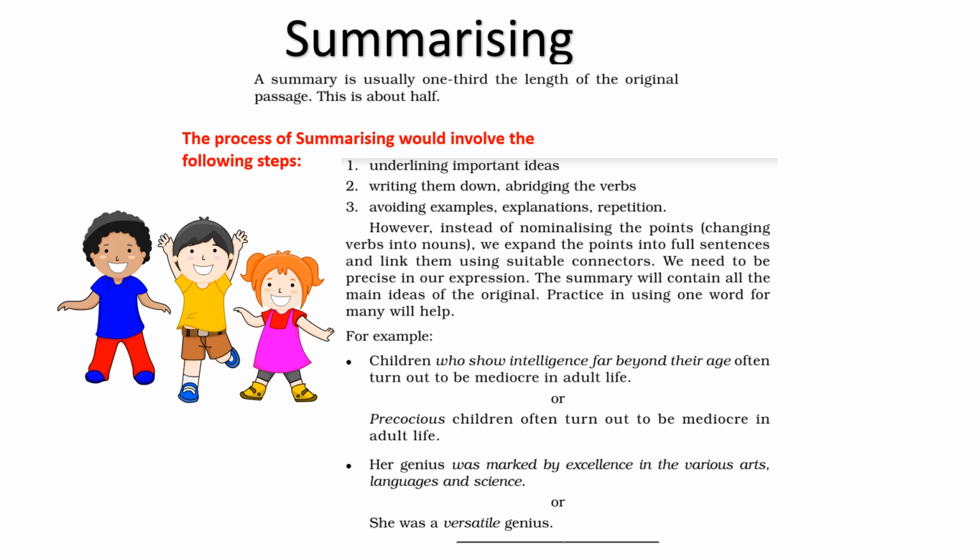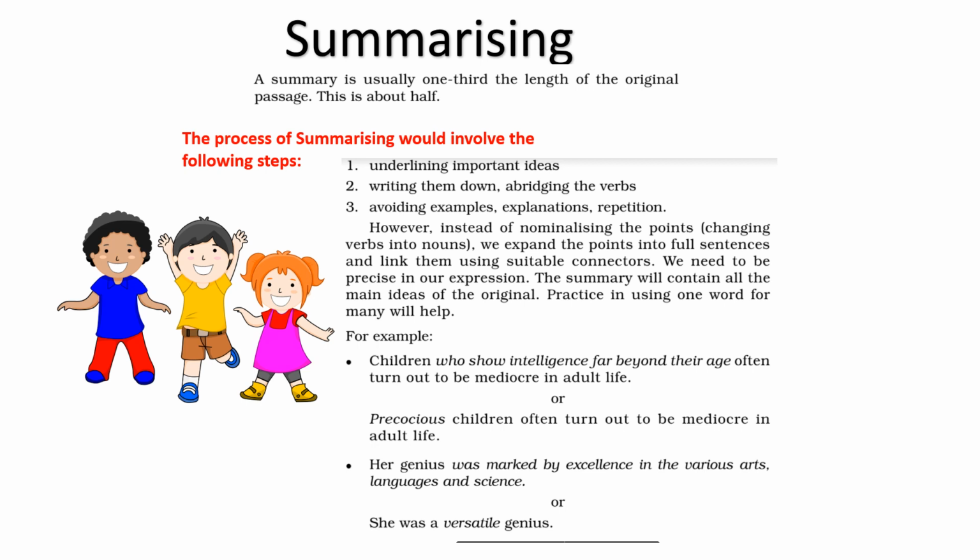Now, once my notes are ready, the key to abbreviation is ready, I am left with my summary. The summary has to be written in only 80 words. Now, sometimes we follow the same procedure which we followed for making our notes. In a way, it is right, but there is no need of doing that.